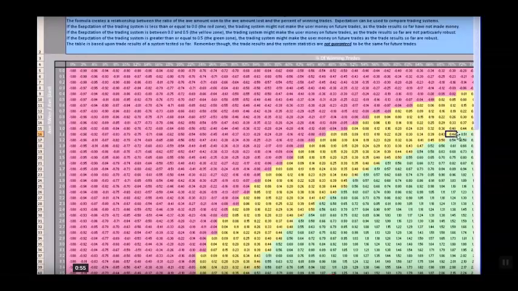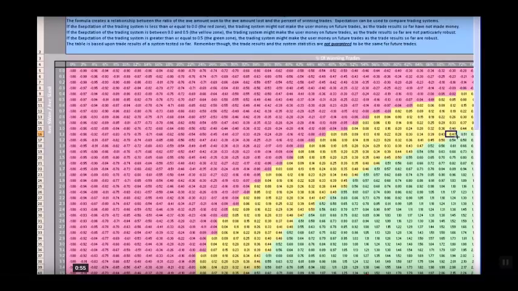Anything over 0.5 will end up in the green zone. This is actually very good because there's a lot of wiggle room. If the system gets into any sort of trouble and drawdown, you're going to tick down a little bit. You're going to have to go down quite a bit before it gets into the red zone. And it won't take much to push it into the green zone. One good winning streak, for example.